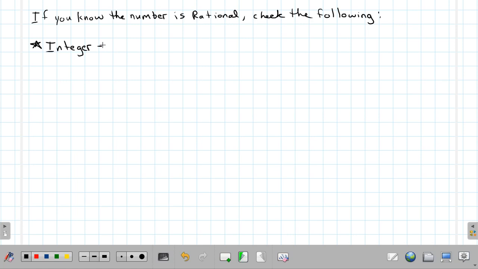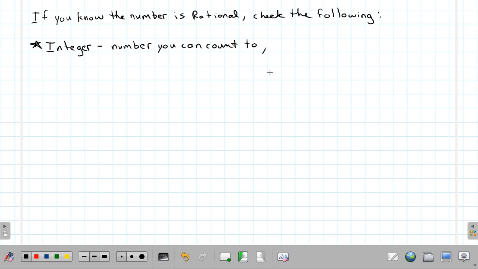Okay. So integers are a special type of rational number, okay? And the actual definition of an integer is that an integer is a number you can count to. So 5, you can count to 5, you can count to 10, you can count to 3, you can count to 1,000. You can actually count to 1,000,000 and 1,000,000,000 if you wanted to.